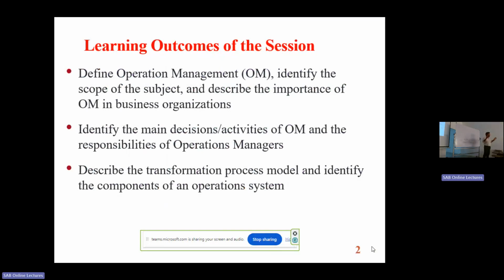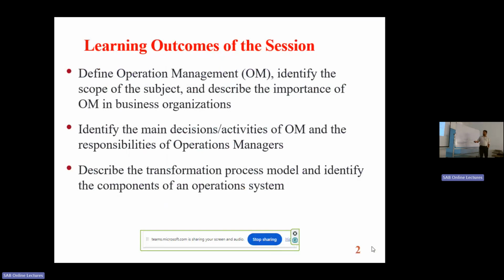We won't be able to discuss everything in detail in the first lecture, so we'll try to get an overall idea. So what are the main operations management decisions? What are the key activities? What are the key responsibilities of operations managers in both manufacturing industries as well as service organizations? So that is the main part of it.